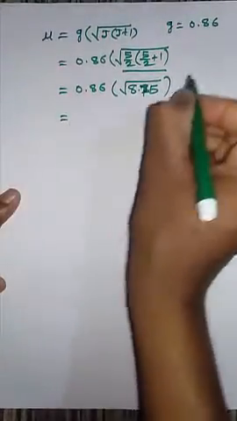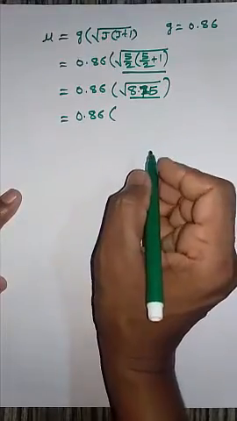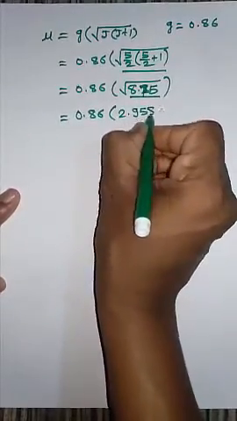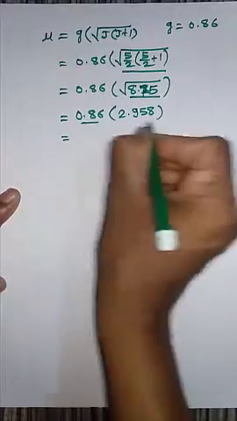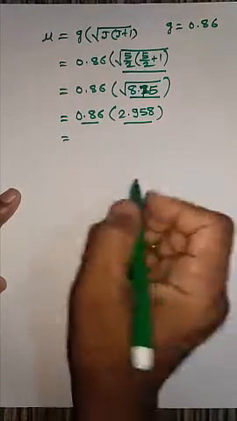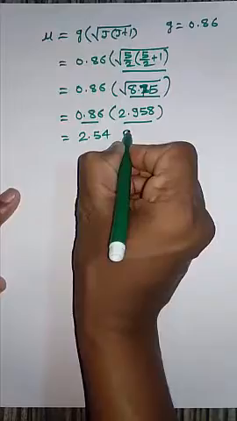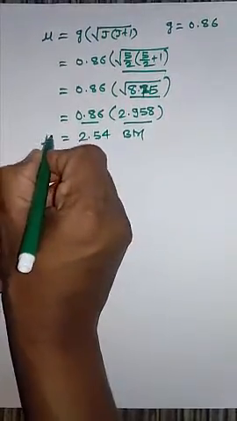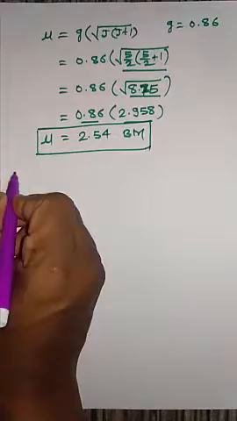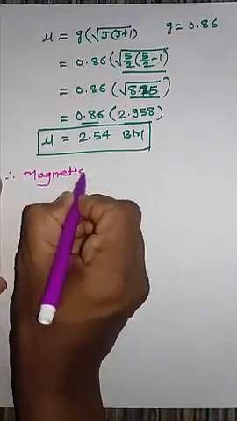Now we have to take the square root of 8.75, which is near about 2.958, and when we multiply 0.86 into 2.958, we get the value 2.54 BM, that is Bohr magneton, and this is your magnetic moment.